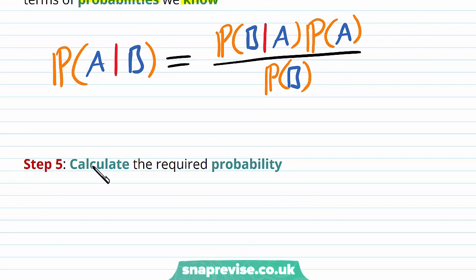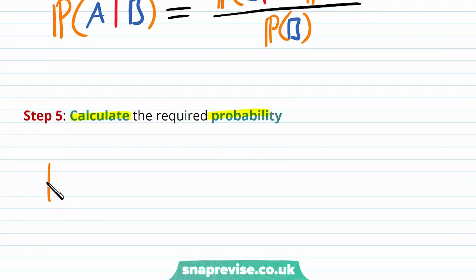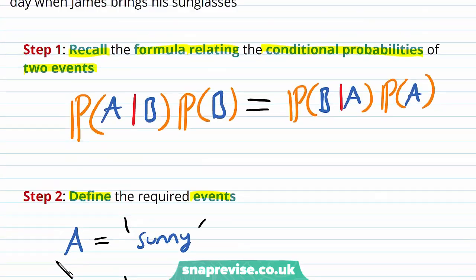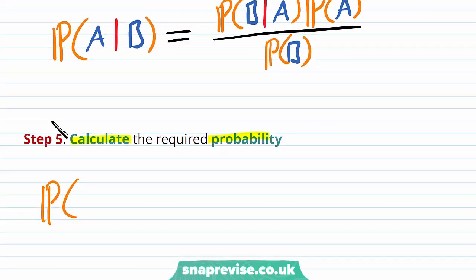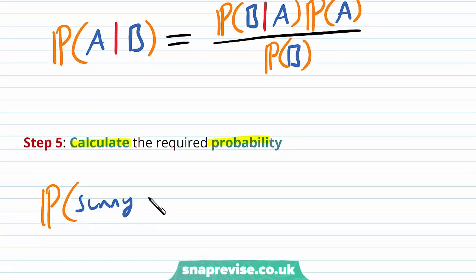Our last step is to calculate the required probability. We have that the probability of, let's have a look, we're looking for sunny given sunglasses, that's sunny given that he brings his sunglasses.